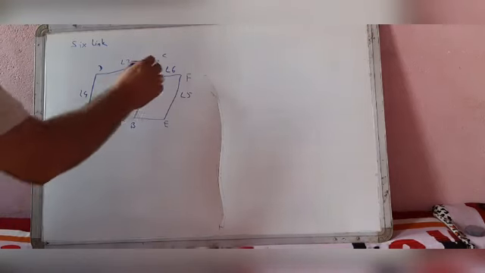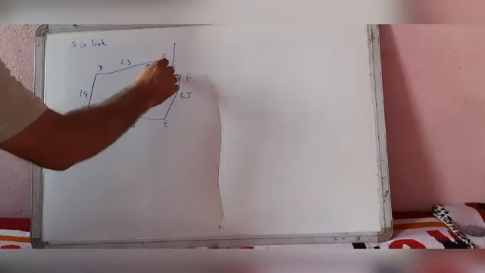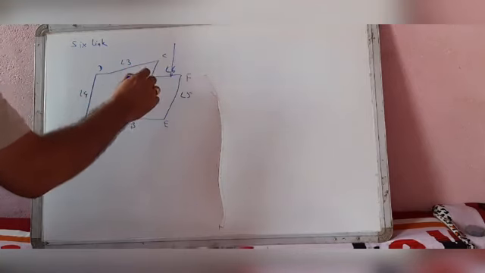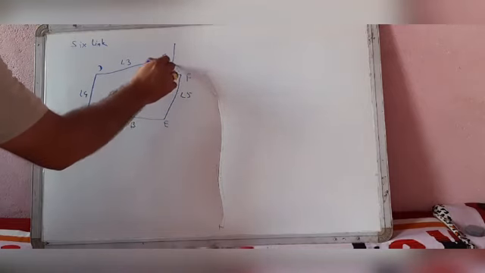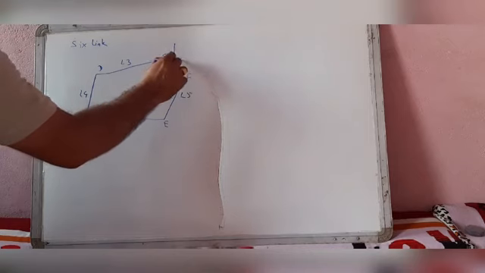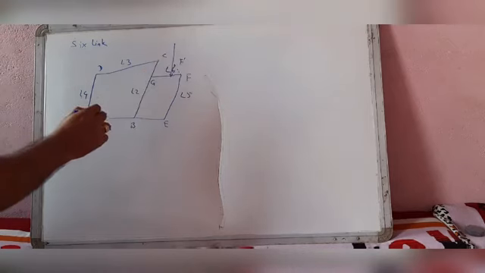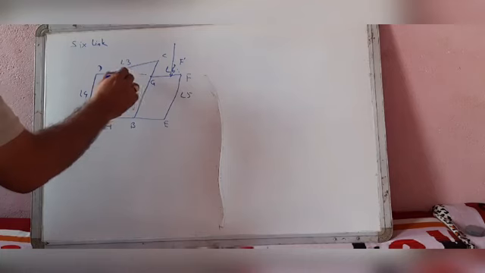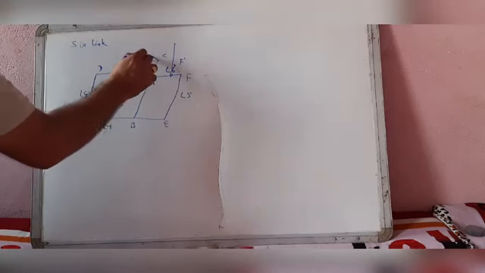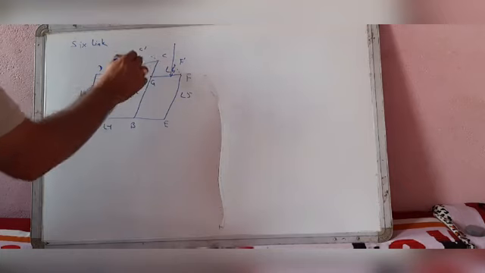Now if some force is applied here, then this F can shift to this position, F dash. Point G shifts like this to G dash, and point C shifts to C dash.